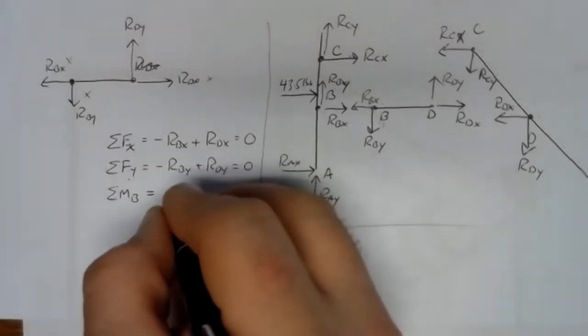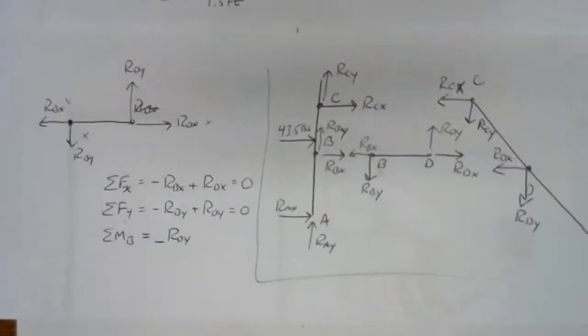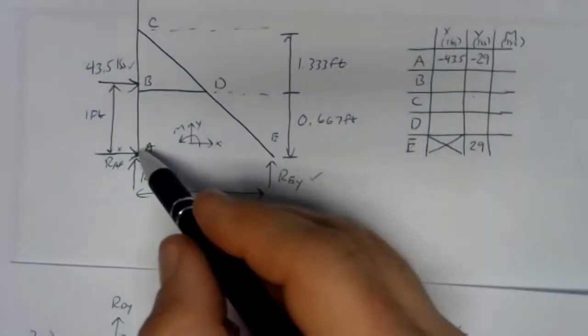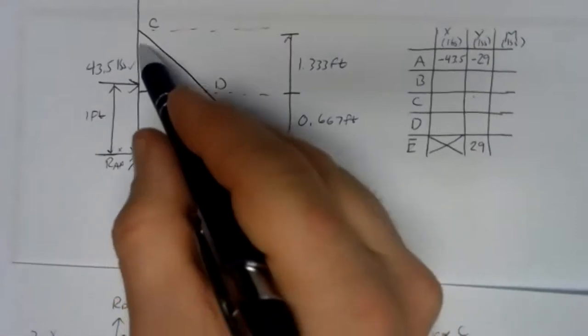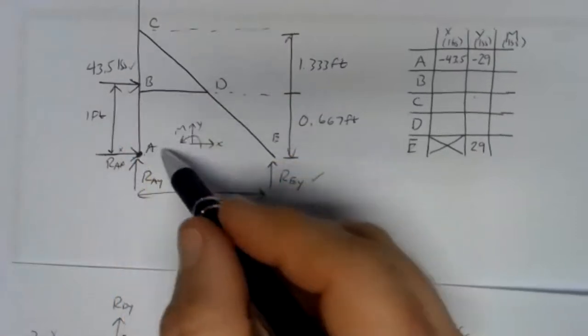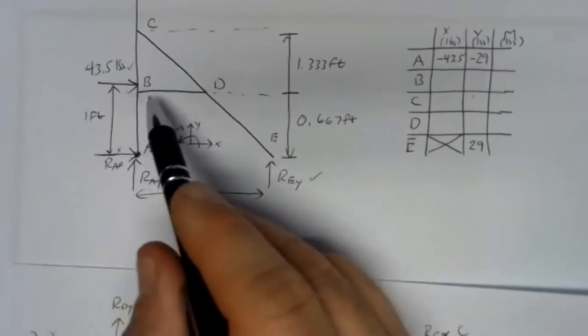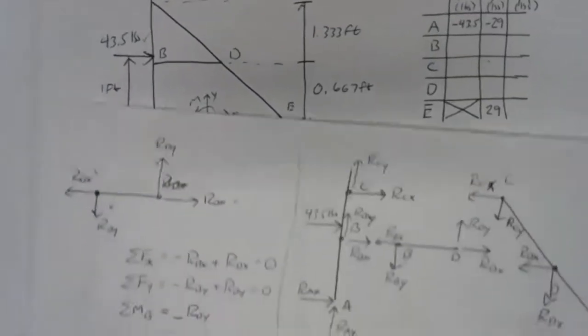We've got RDY times some arm here. Now, if we go back up to our original drawing, we could do some math and figure out what this length has to be. We know something about what the distances are, and we could figure out using the geometry what this distance is. But it turns out not to matter.